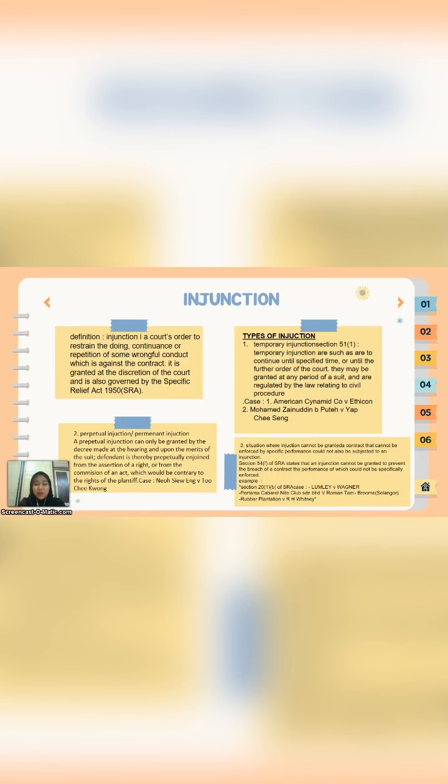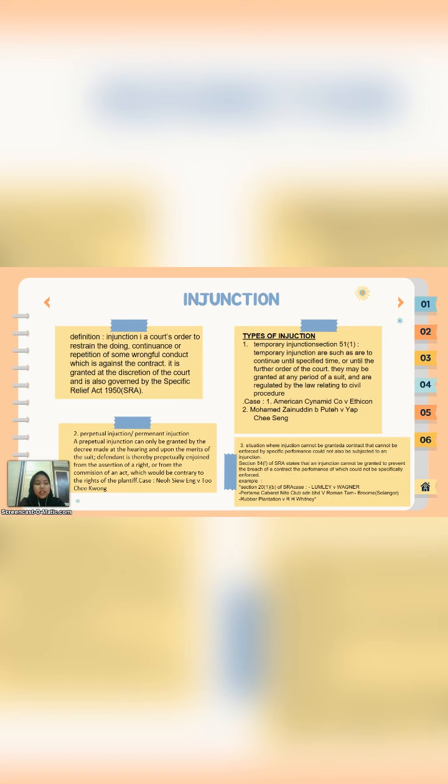This is the situation where an injunction cannot be granted. A contract that cannot be enforced by specific performance cannot also be subjected to an injunction. For instance, Section 45F of SRA states that an injunction cannot be granted to prevent the breach of a contract, the performance of which could not be specifically enforced.